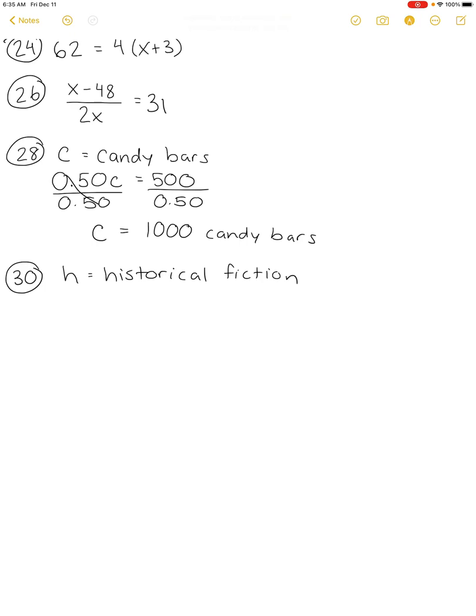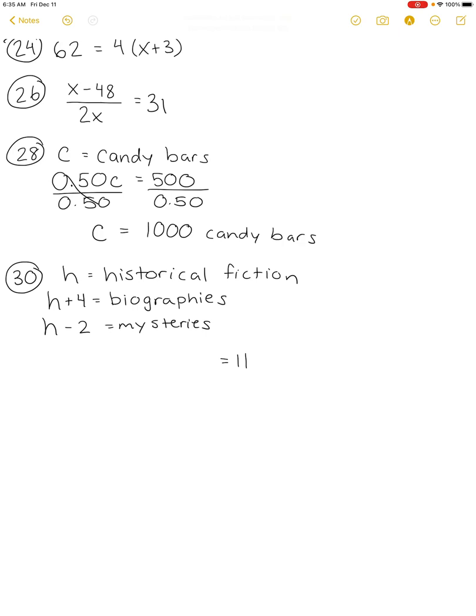Okay, I know the number of biographies was 4 more than that, so that would be H plus 4 gives me the biographies. And I know he read 2 fewer mysteries, so that would be H minus 2. And the last thing it tells me is that the total of all the books he read is 11.